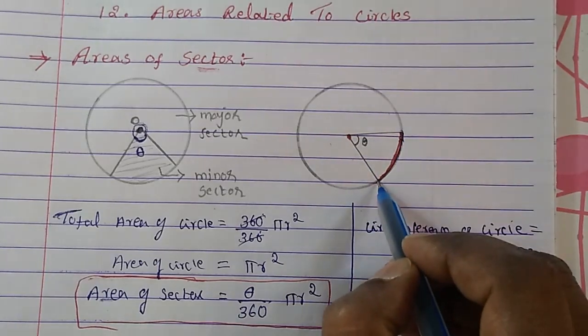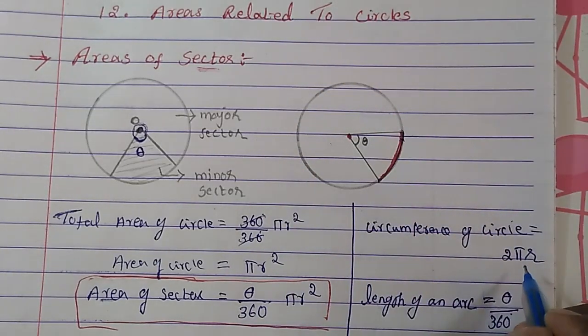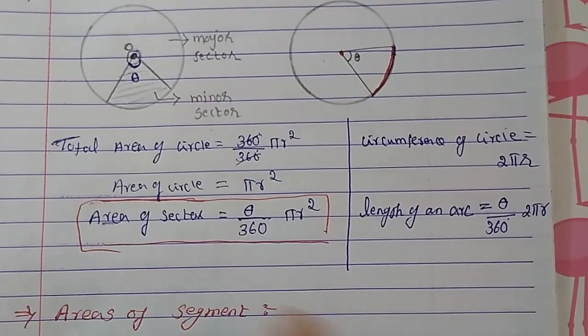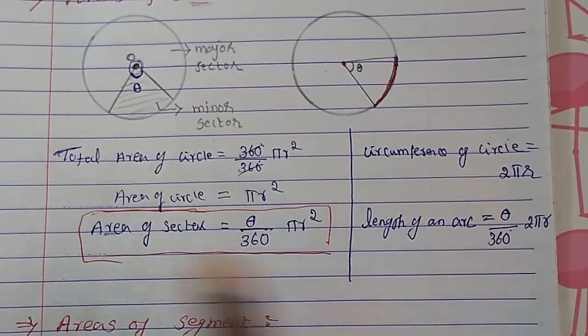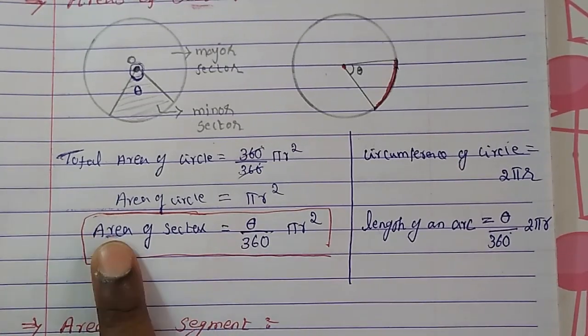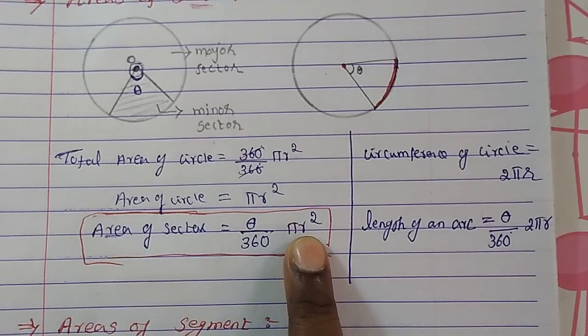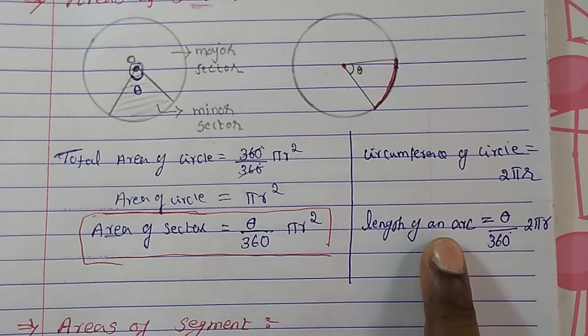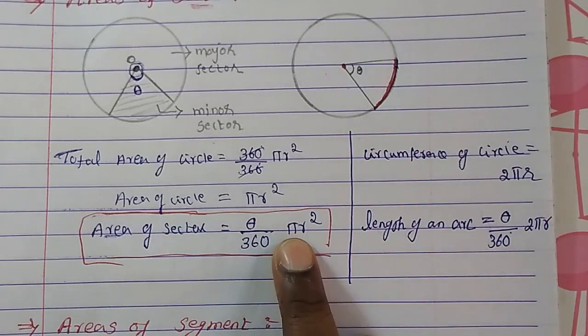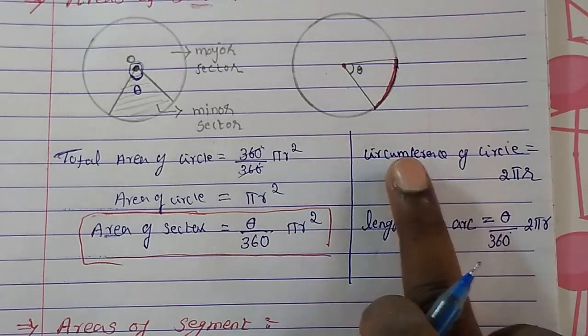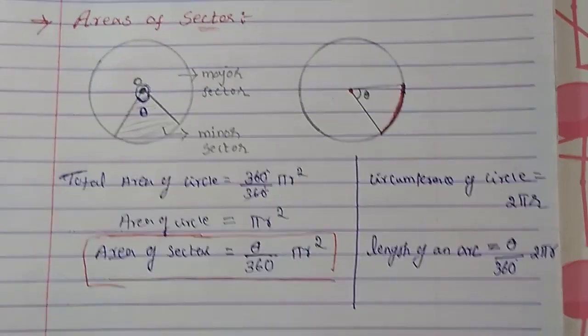This is length, right? But the whole length is 2 pi r. So 2 pi r. So if you see, both the formulas are same, but here it is area of sector. So since area it is, so pi r square, and here length of an arc. So instead of pi r square, we write 2 pi r, because that is the circumference of the circle.